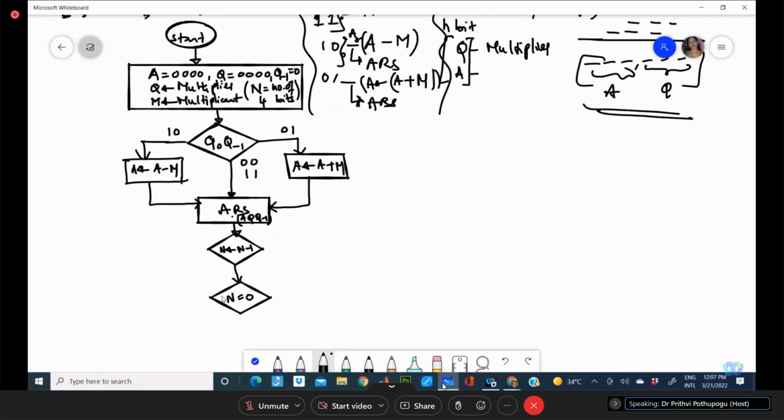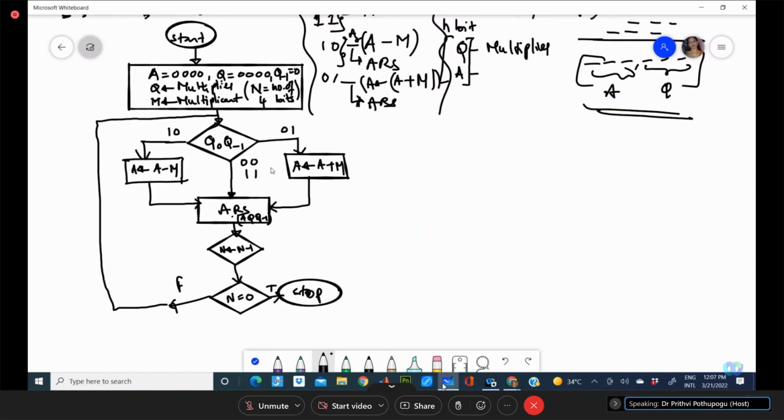If n is 0 is true, stop. If it is false, you have to go back to the previous step: again take the Q naught and Q naught minus 1 values and do the operation. Okay, this is the flowchart.